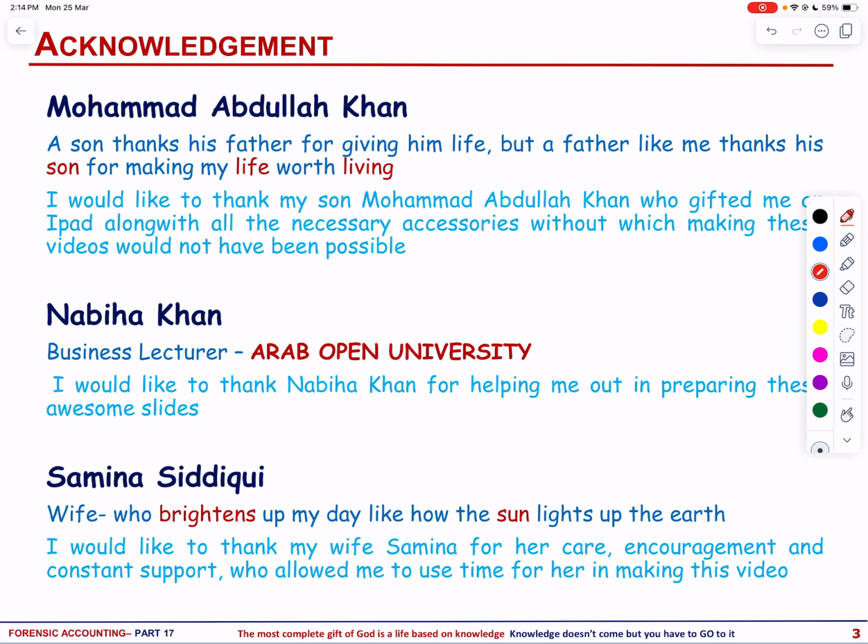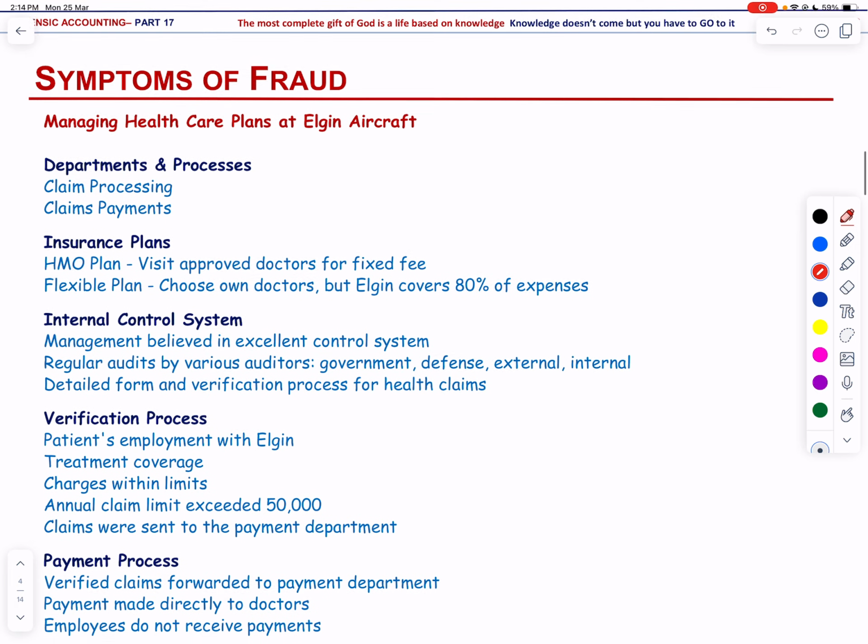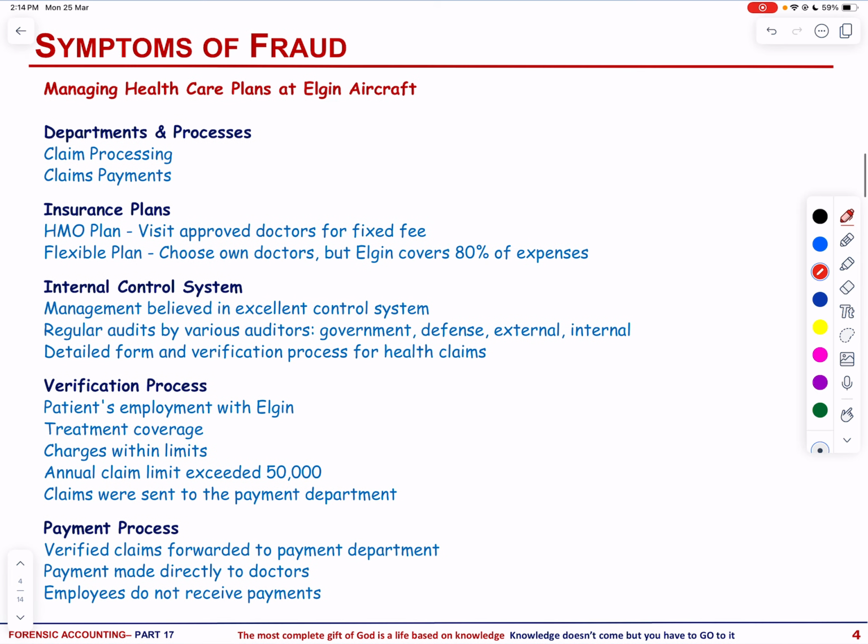We will start by examining how Elgin Aircraft managed its healthcare plans and the fraudulent activities that occurred within the claims processing and payment departments. Elgin Aircraft administered its healthcare plans using two distinct departments: claim processing and claim payments.